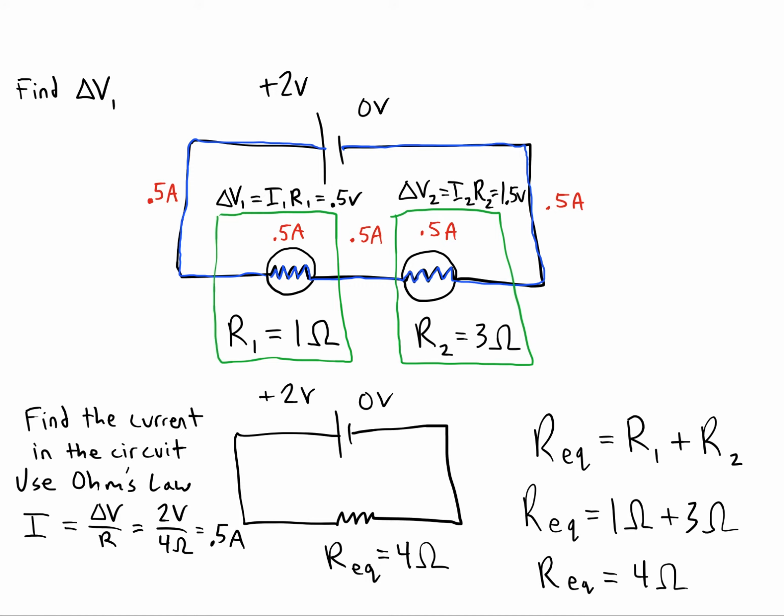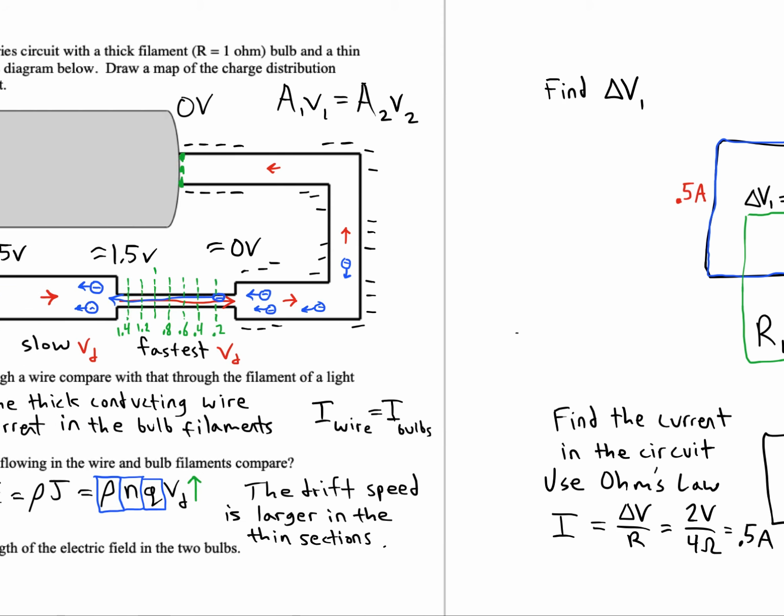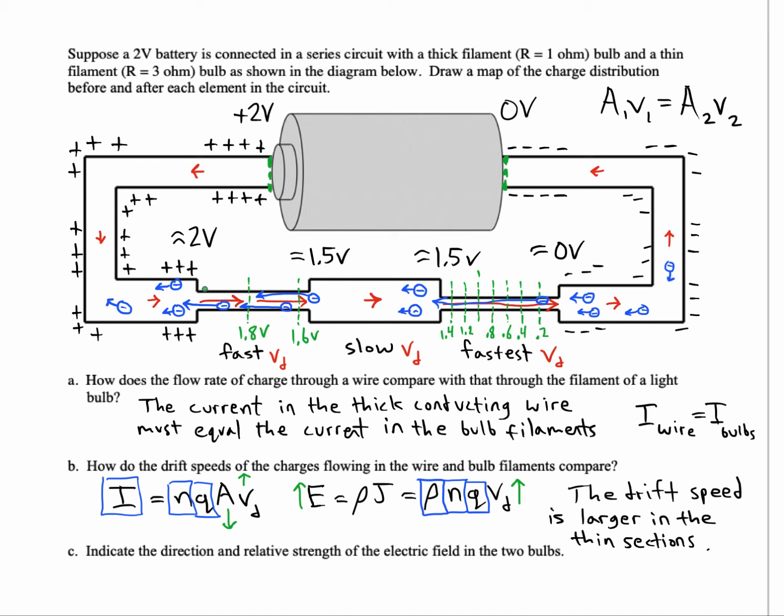It's 1.5 volts. So that's how I knew that we would drop 0.5 volts in the first bulb and 1.5 volts in the second bulb.